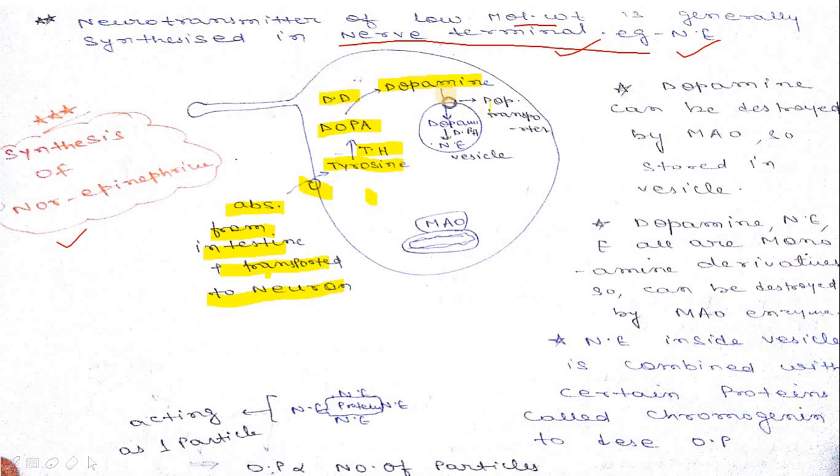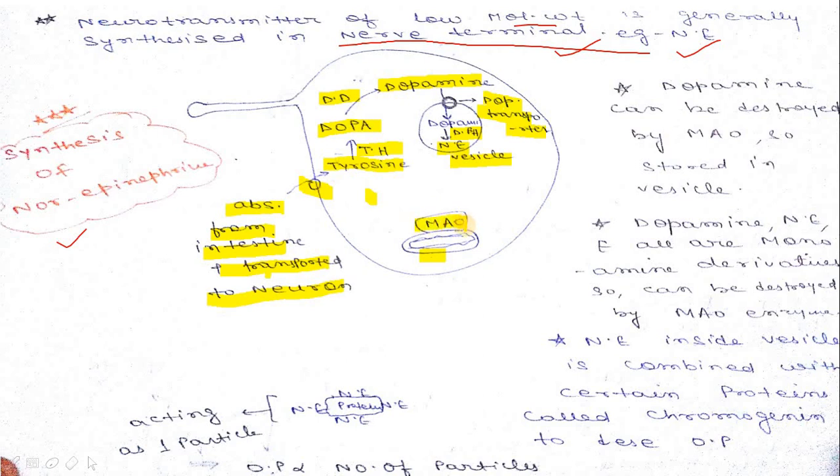Clear? After formation, dopamine is packed into a vesicle by a specific dopamine transporter. Inside the vesicle, dopamine is converted into norepinephrine by dopamine beta hydroxylase, which means one OH is added to dopamine to form norepinephrine. Now here is the mitochondria, and associated with it is an enzyme known as monoamine oxidase.